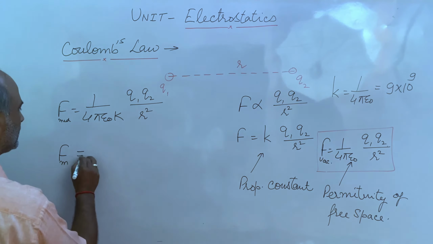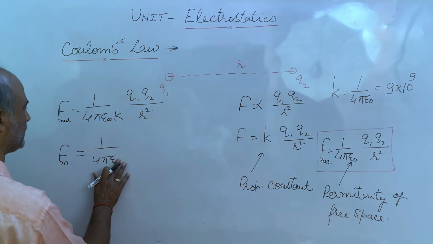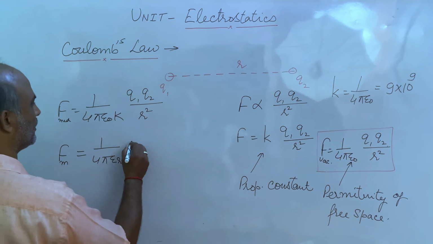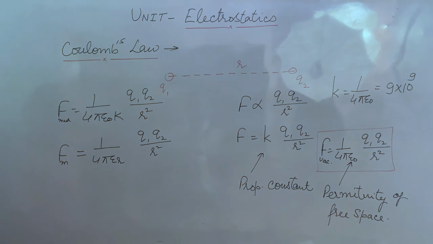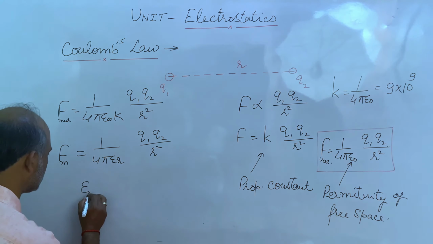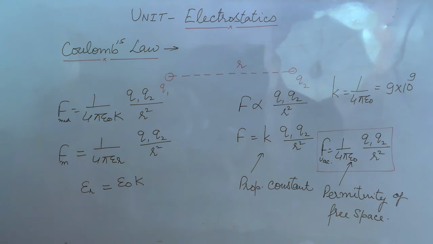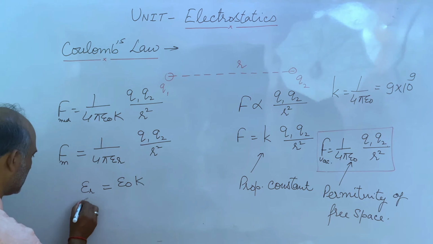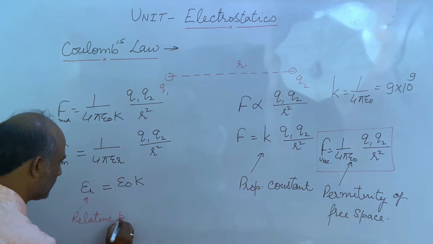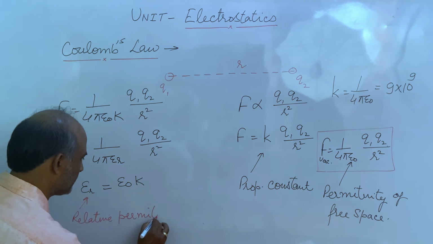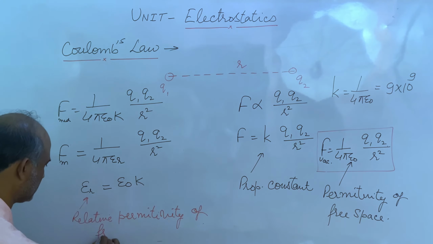F medium is equal to 1 upon 4 pi epsilon r Q1 Q2 upon r square, where this epsilon r is equal to epsilon naught K and is called the relative permittivity of free space.